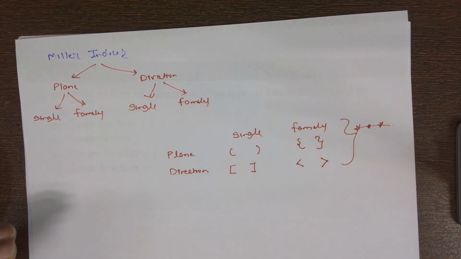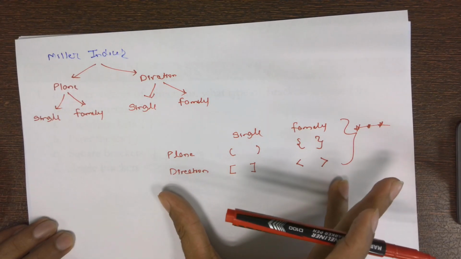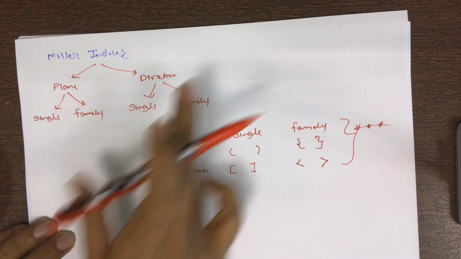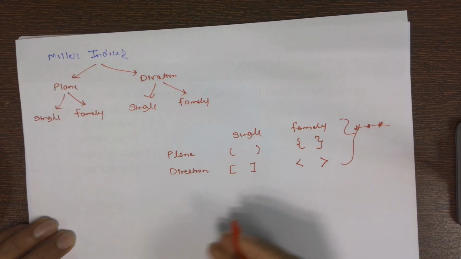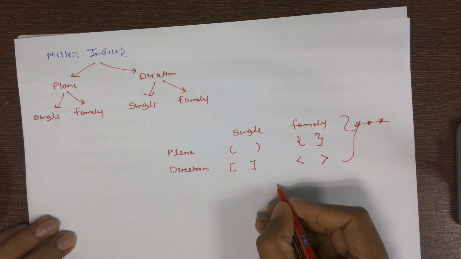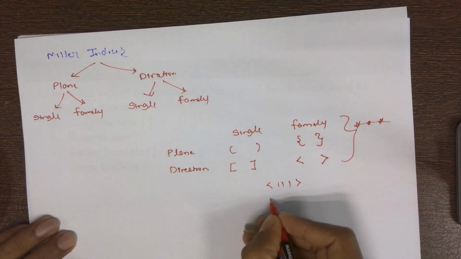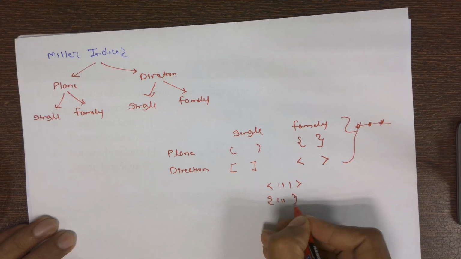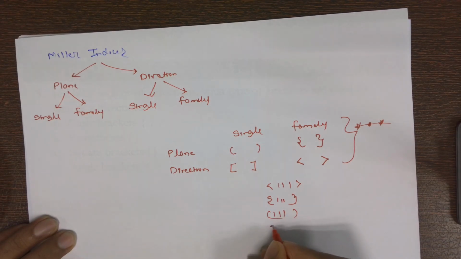In some questions, for example a GATE question, they can confuse us with just this information. They can ask, tell me the option which represents the 111 plane, and the options will be given like this, and then like this.